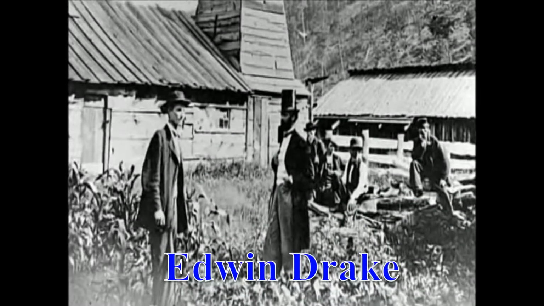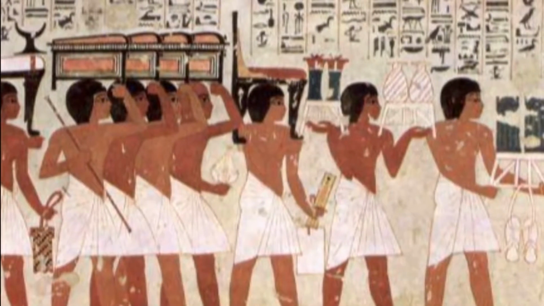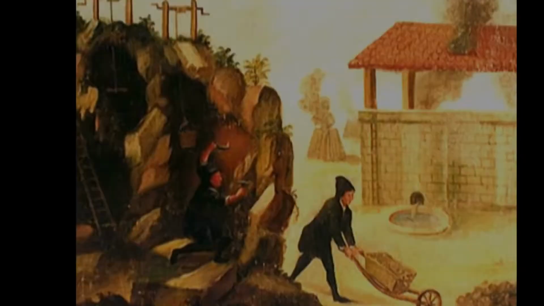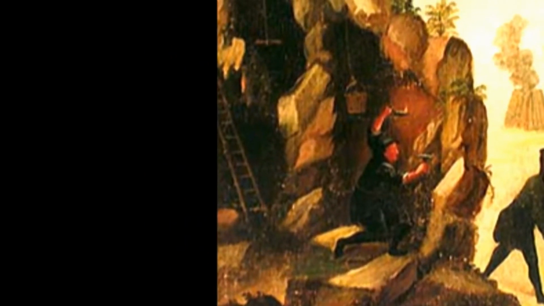When Edwin Drake drilled the first oil well in Titusville, Pennsylvania in 1859, creating the modern petroleum industry, he used technologies that were available at the time. As you know from your history, humans from the dawn of civilization have dug, mined, and drilled into the earth for access to its precious, useful minerals.